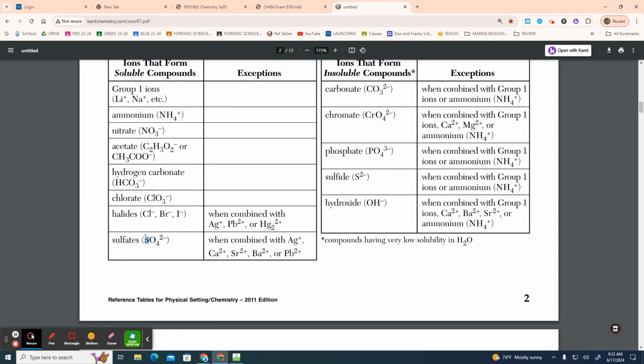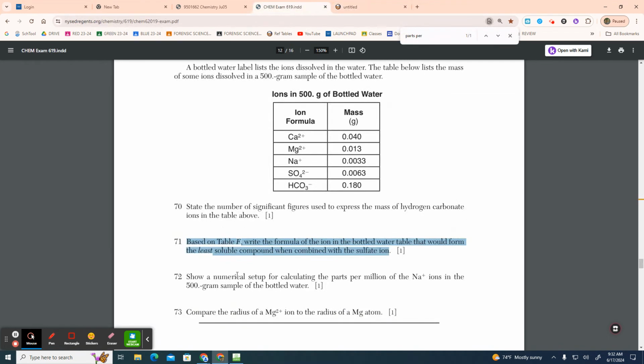Here's sulfate. Sulfates are soluble, except with silver, calcium, strontium, barium, or lead. Which one would have the least soluble? When combined with sulfate, yeah, calcium.